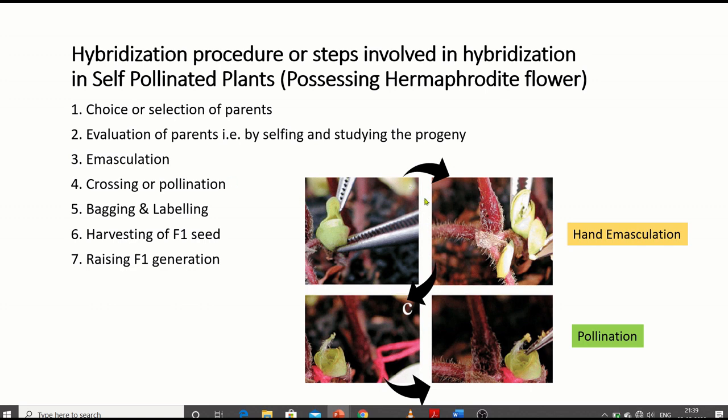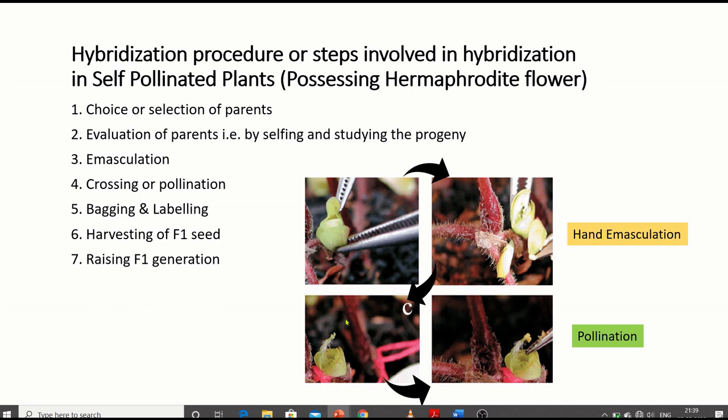Because if we do emasculation in the morning, right after the petal is removed, it is exposed to sunlight. When it comes to 10 o'clock to 11 o'clock, it will start withering.